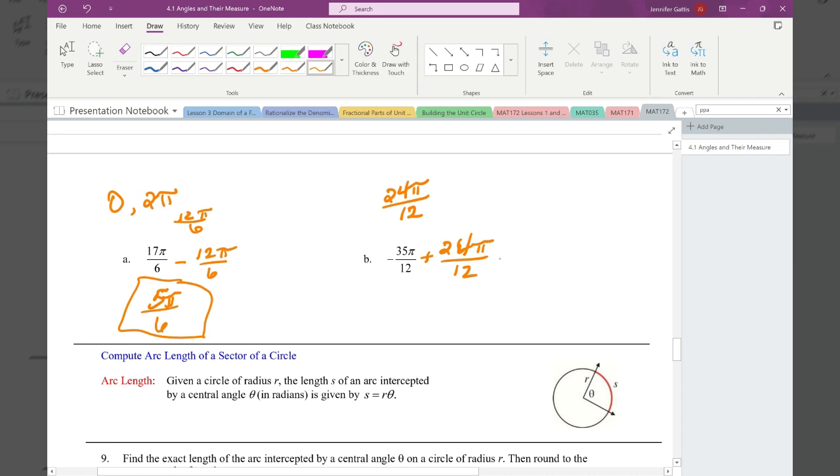And that is going to get us to negative 11 pi over 12. Well, we're still not in between 0 and 2 pi. So we're going to have to add another 24 pi over 12, which is going to get us to 13 pi over 12, which is in between 0 and 2 pi.